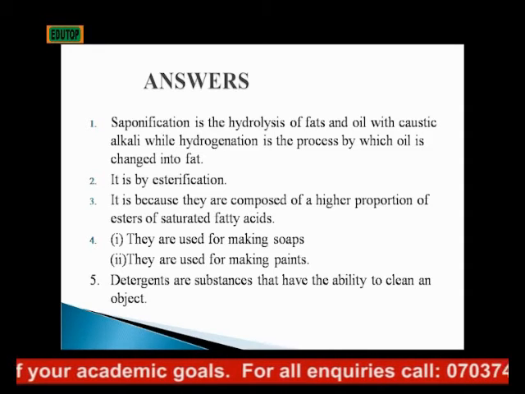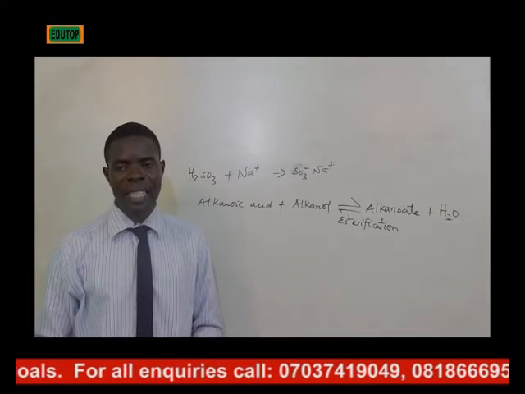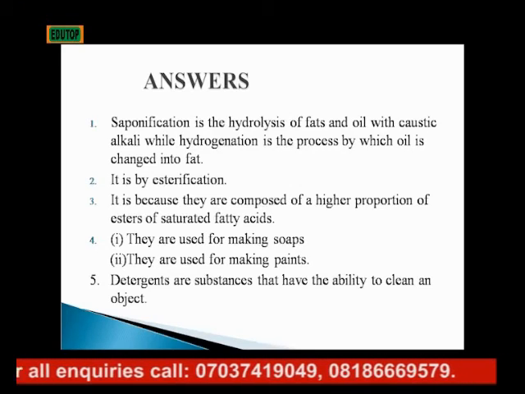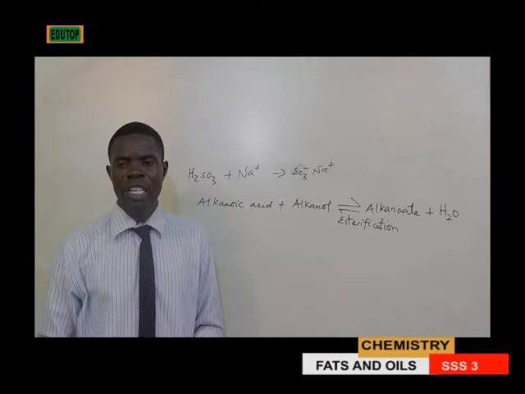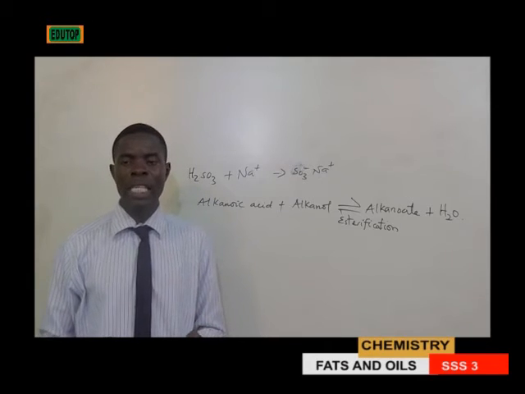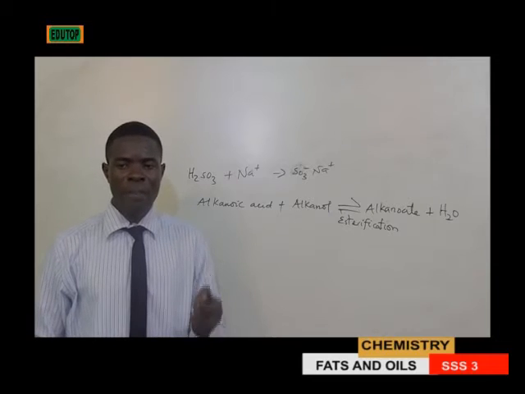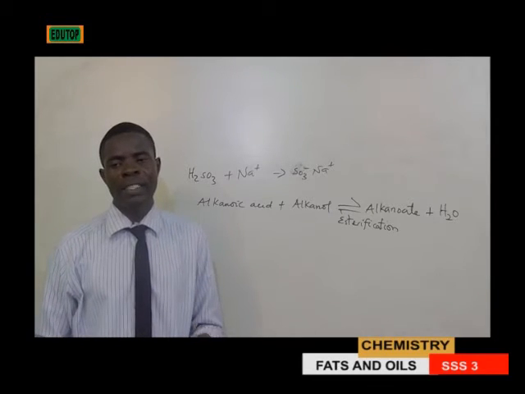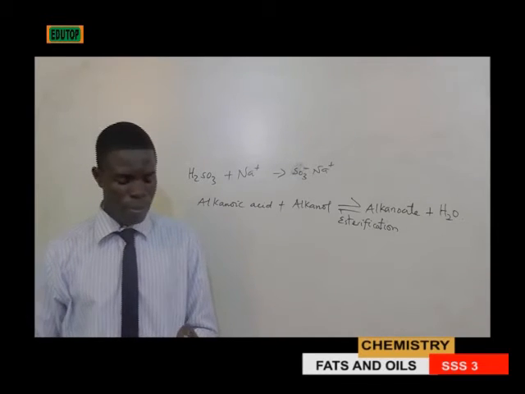Two, they are used for making paints. Question number five, what are detergents? Detergents are substances that have the ability to clean an object. The difference between detergent and soap is that detergent is biodegradable.